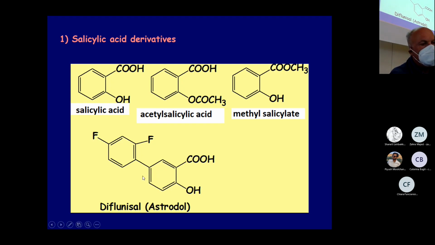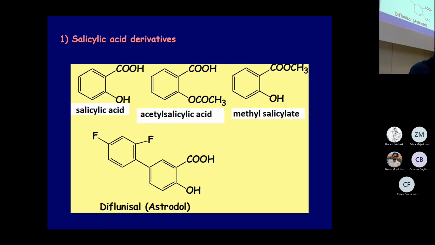There is another interesting compound, diflunisal, you see here. You can see the same backbone of salicylic acid, but to increase the lipophilicity of this compound, another aromatic ring was inserted on the first benzene ring. You see also two fluorine atoms on the second aromatic ring.